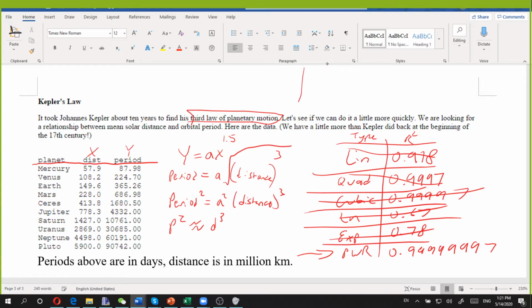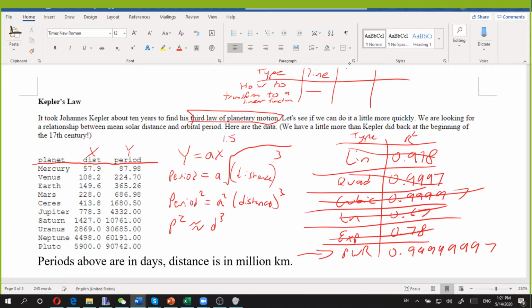So this is the type and how to transform to a linear function. If you already have a linear function, you don't need to do anything.